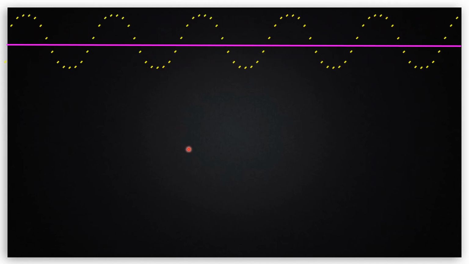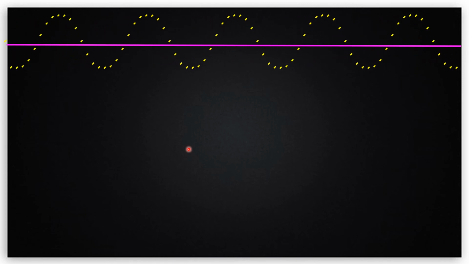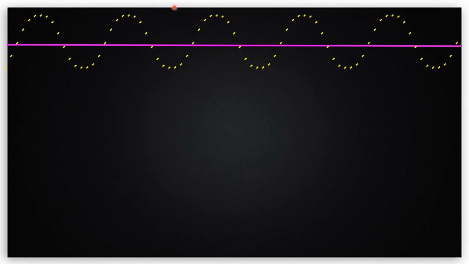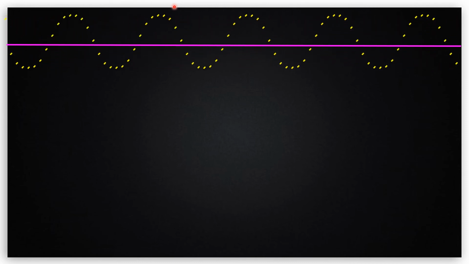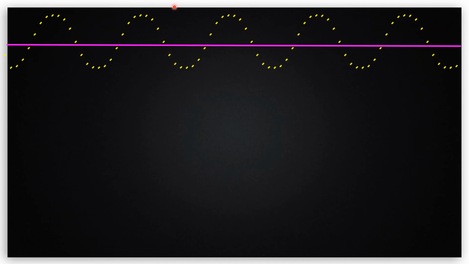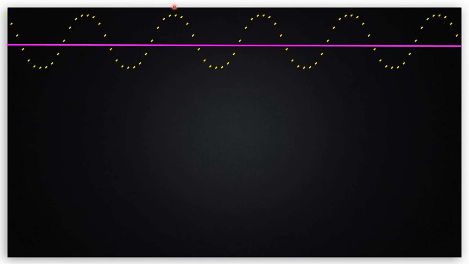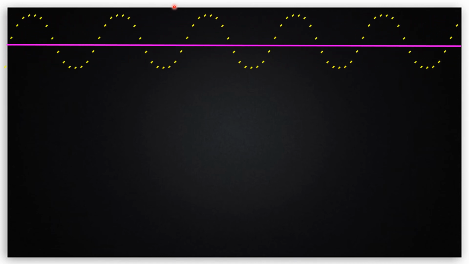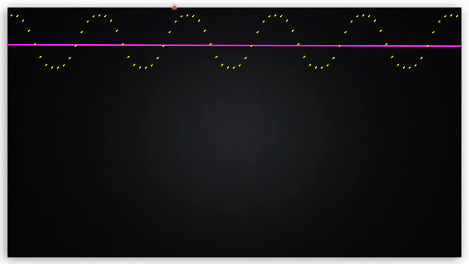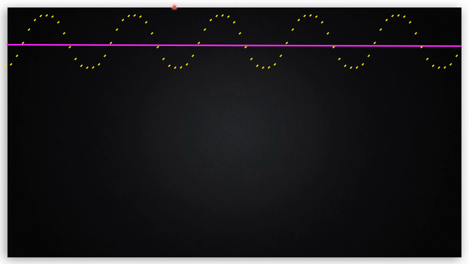Now let me tell you what is frequency of the waves. See here, I will observe at this point how many waves are crossing me in 1 second. Suppose 10 waves cross me in 1 second, the frequency of the waves is 10 hertz.